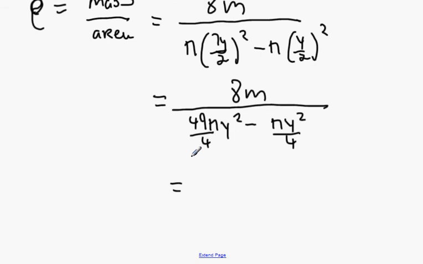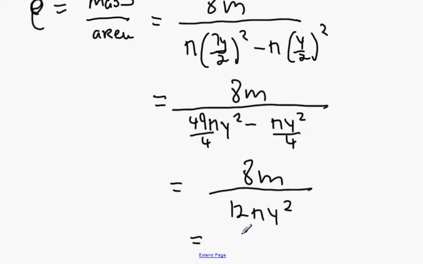Well, yeah, it's going to be 12, isn't it? Yeah, I'm happy with 12. So we're going to have 12 pi y squared over 8m. And then when we finish that off, it's going to be 2 over 3, then tons of variables there. It's going to be m pi y squared.